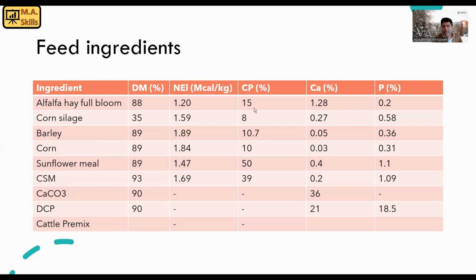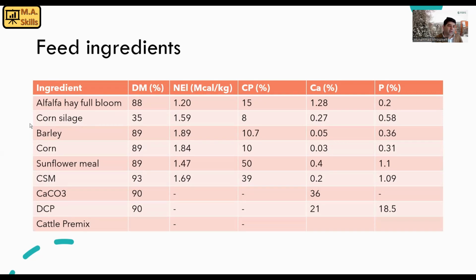So it has 15% protein. Of course, it is in the full bloom stage. If your forage is younger, in that case, it's going to have more protein. So you need to look at the age of the alfalfa when you are harvesting it to feed your cattle.